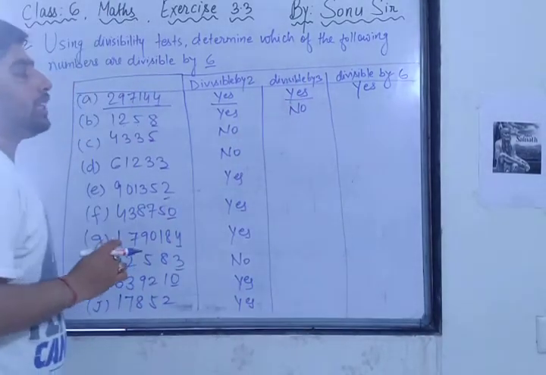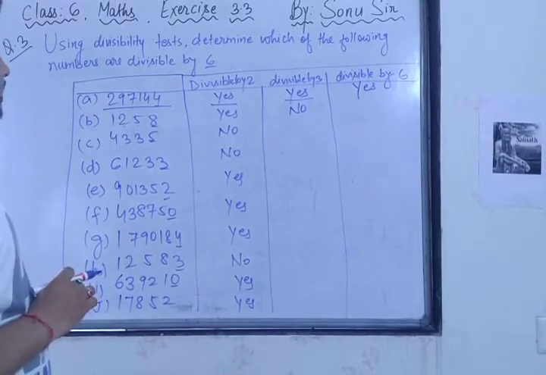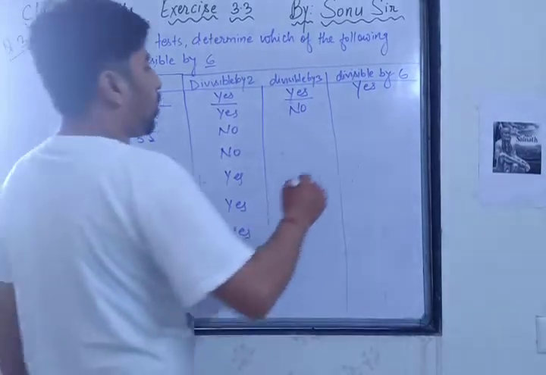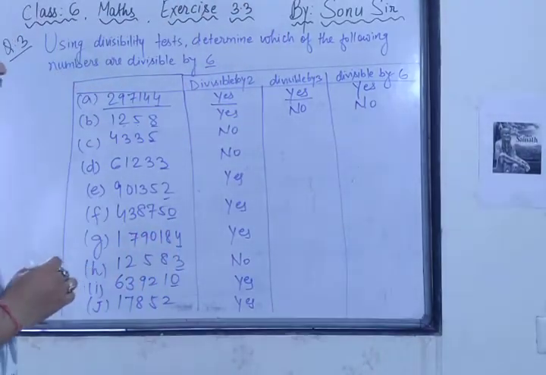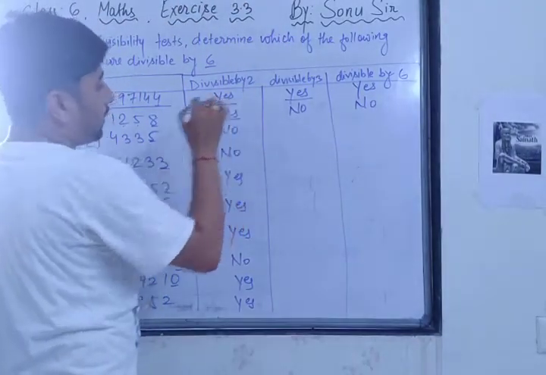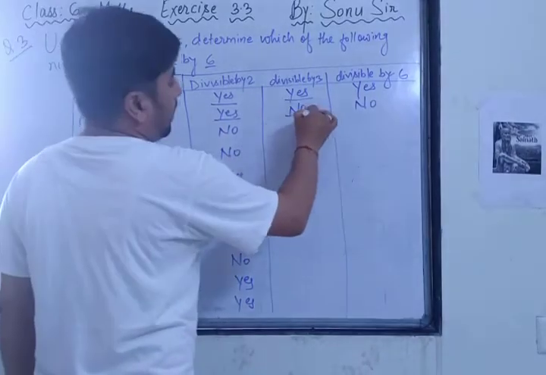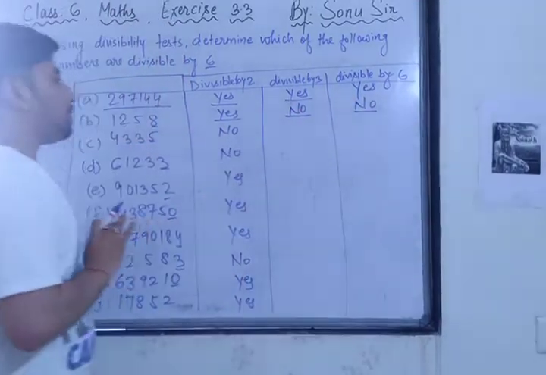Since this number is divisible by 2 but not by 3, it will not be divisible by 6.